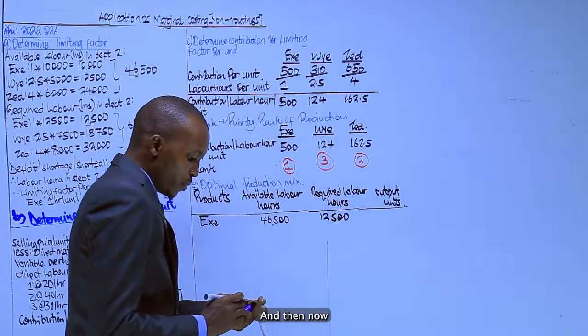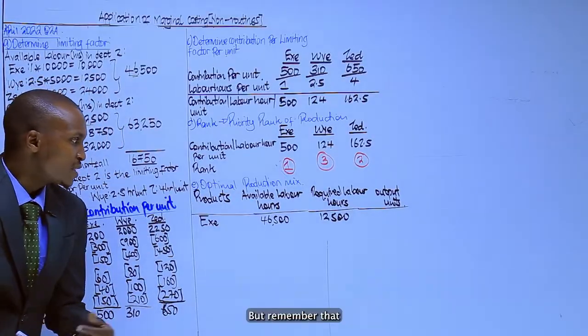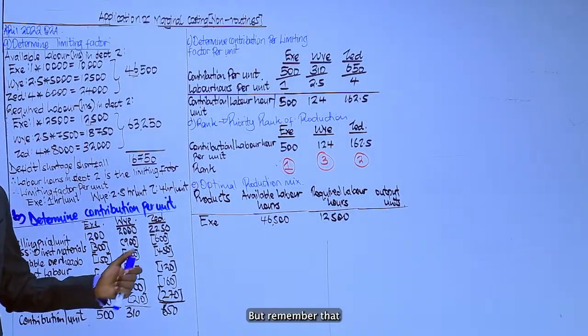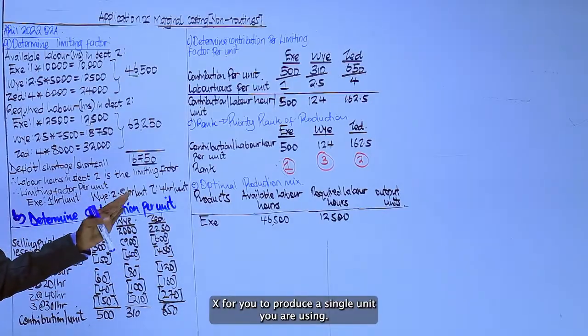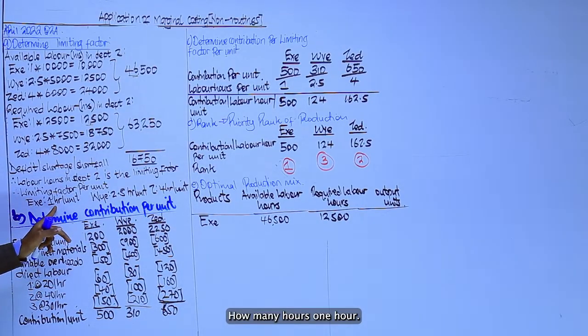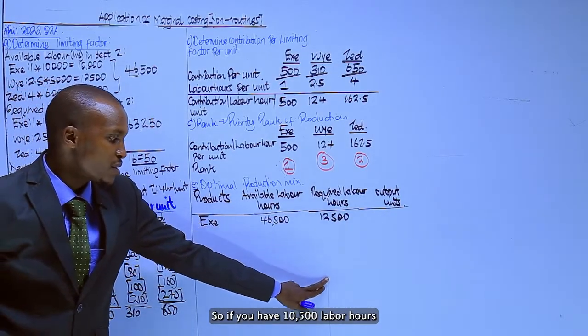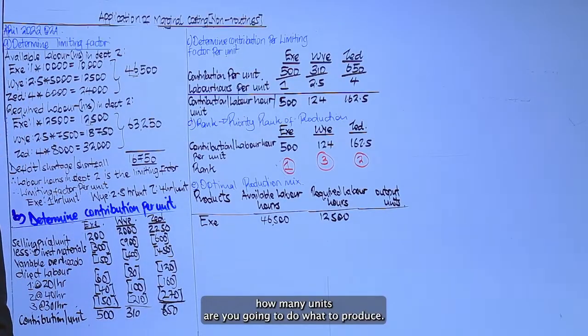And then now we need to identify our output. Remember that for you to produce a single unit of X, you are using 1 hour.